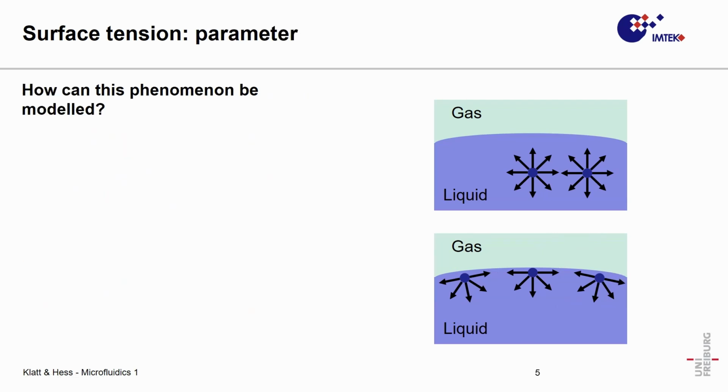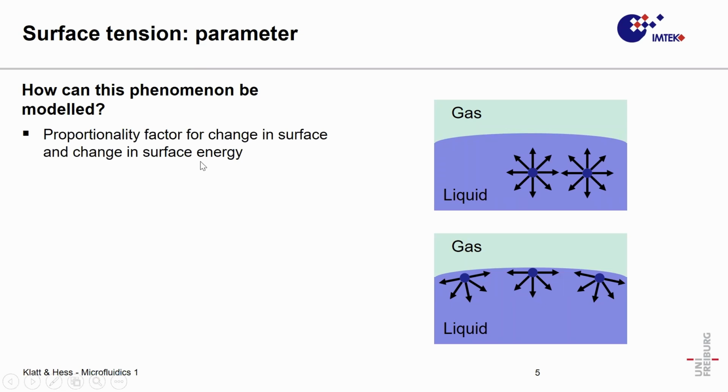How can the surface tension be modeled? The surface tension is modeled as a proportionality factor for change in surface to change in surface energy. It is typically described by the Greek letter sigma.